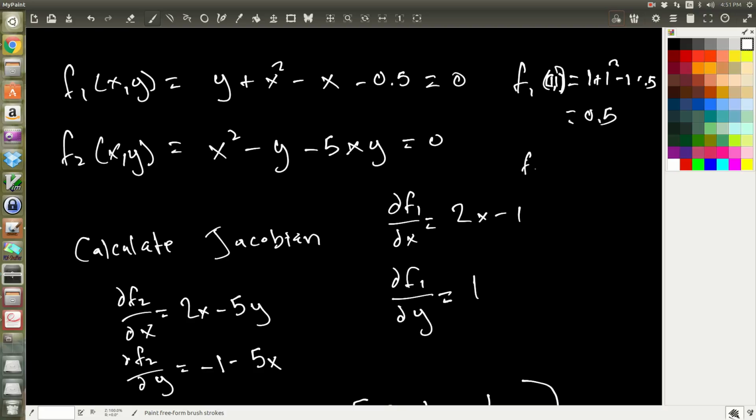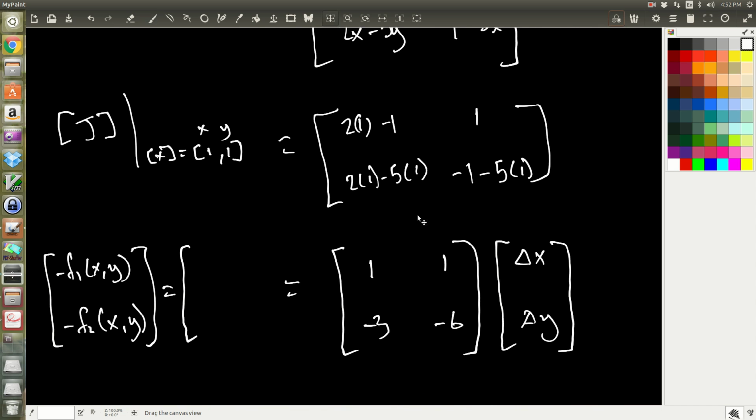And then f2 at 1, 1. What's that equal to? Well, that's equal to 1 squared minus 1 minus 5 times 1 times 1. So these two cancel and we get minus 5.